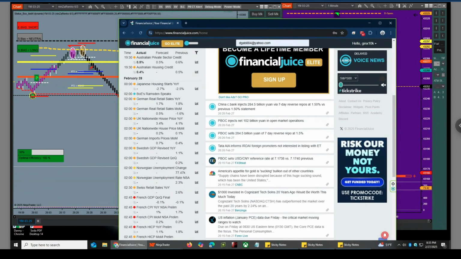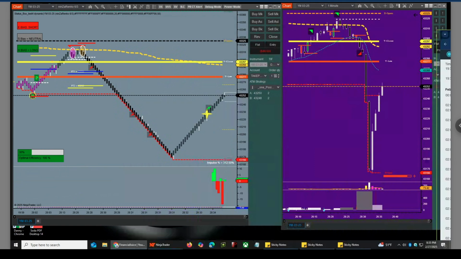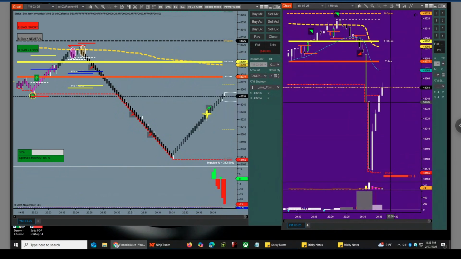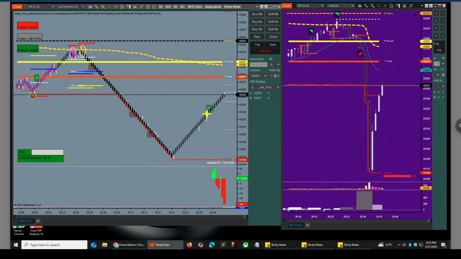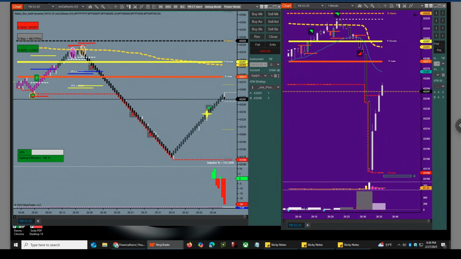I don't see anything else. It has to do with that China thing, because this is the Asian session. Anything they do is affecting the markets right now. It's just that simple. In Asia something happens and it affects the markets here, I guess.